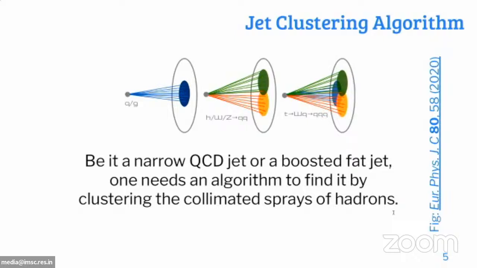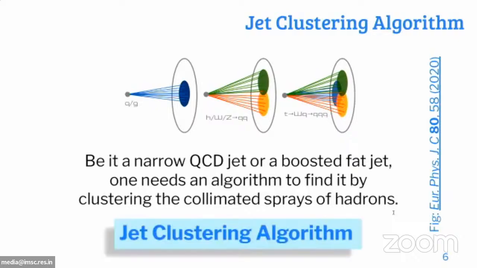But in any case, we have to cluster these highly collimated bunches of hadrons from the detector and get the jets. For that, we use what are called jet clustering algorithms, or sometimes just jet algorithms. Be it a narrow jet or a QCD jet, we need an algorithm, and that algorithm is called a jet clustering algorithm.